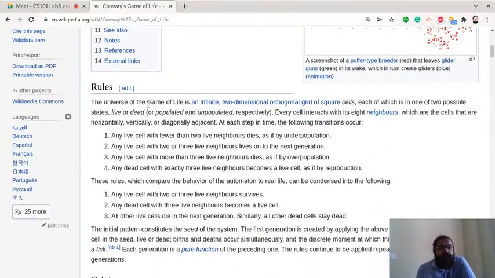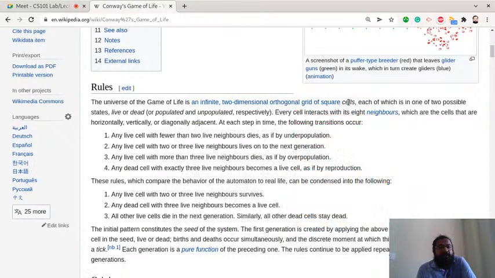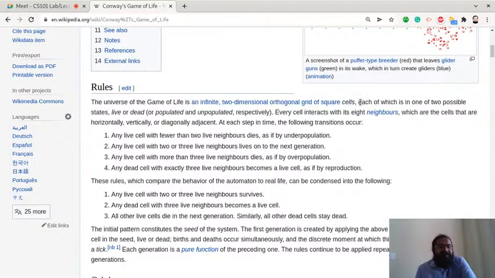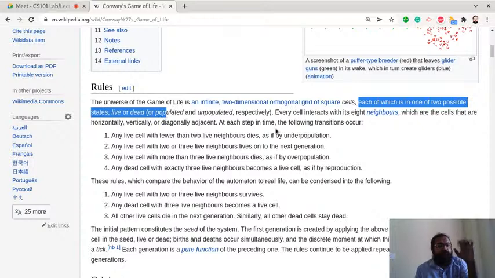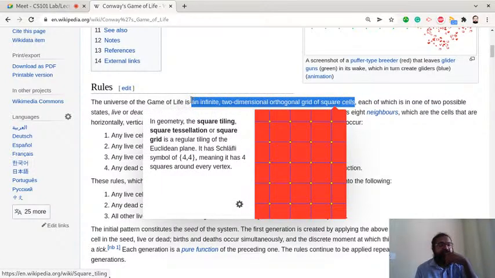The rules of the Game of Life: it is an infinite two-dimensional orthogonal grid of square cells, each of which is in one of two possible states. You have to understand that the two-dimensional grid is a grid of cells, cell as in the living cell.